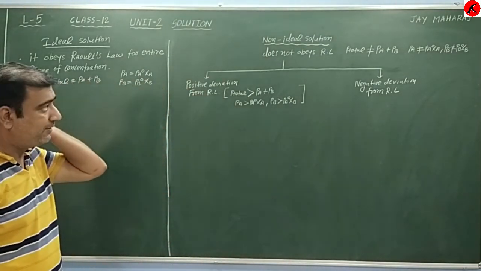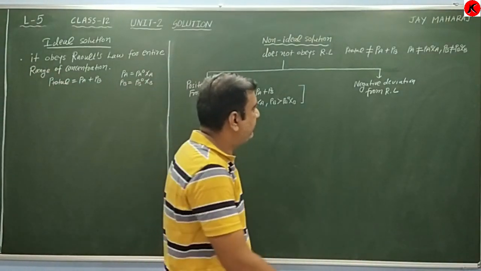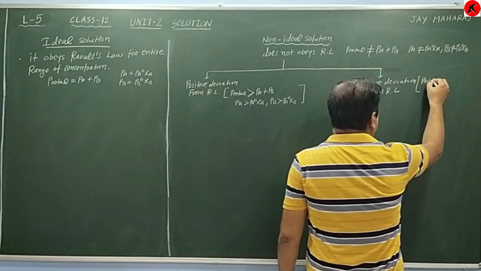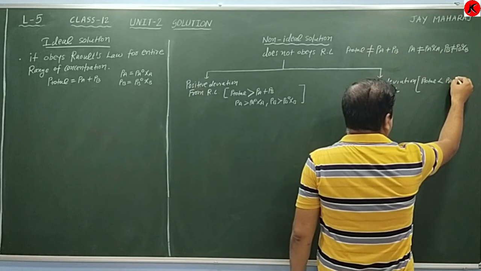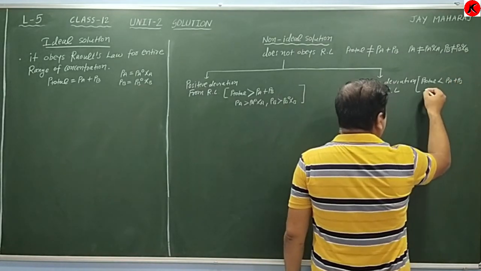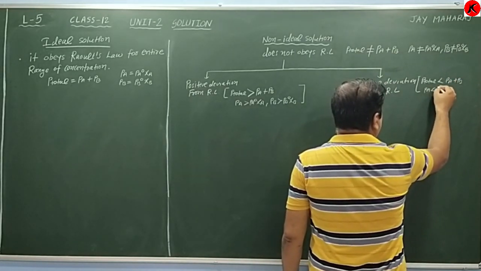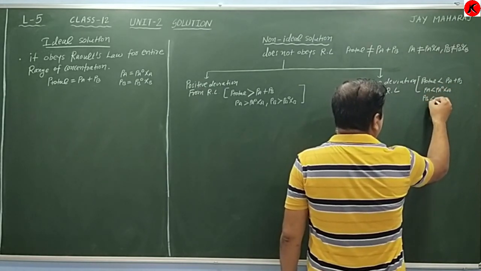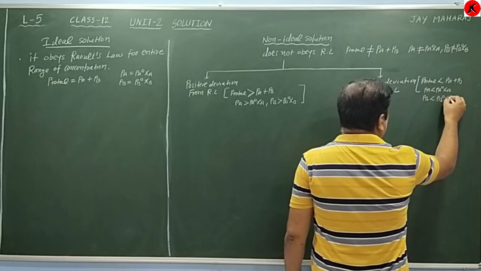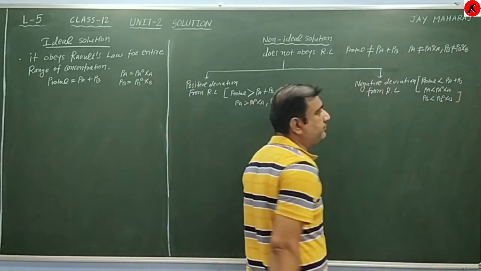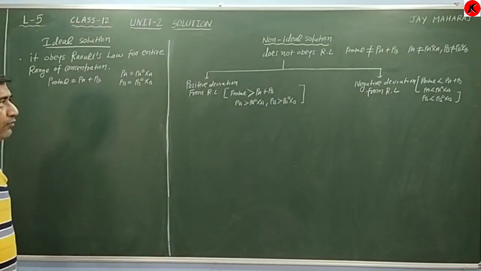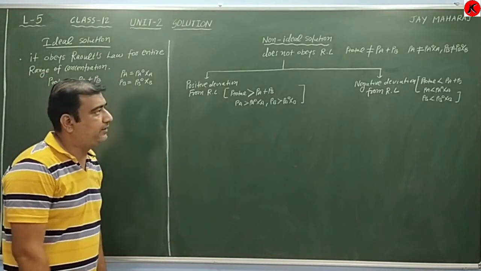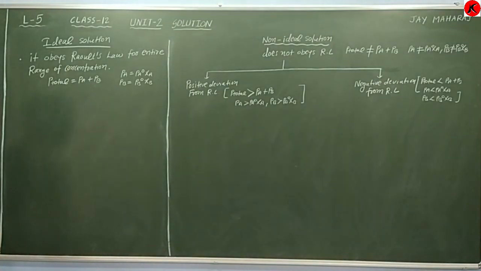That means positive deviation. Negative deviation means obviously P total less than PA plus PB. That means PA less than PA0 XA and PB less than PB0 XB. So non-ideal solution has two types, positive deviation from Raoult's law and negative deviation from Raoult's law.